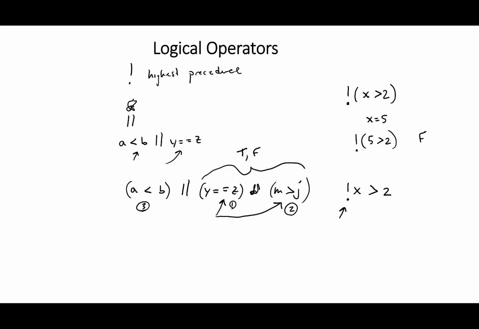So it's going to change this x equal to 5 to x equals 0, because 0 is false. If x is equal to 5, it's going to see that as true, and so it's going to change the true to false with the not operator, so now x equals 0. So what's going to happen with this statement is 0 is not greater than 2, so this is going to be false. Or sorry, this is going to end up being false.